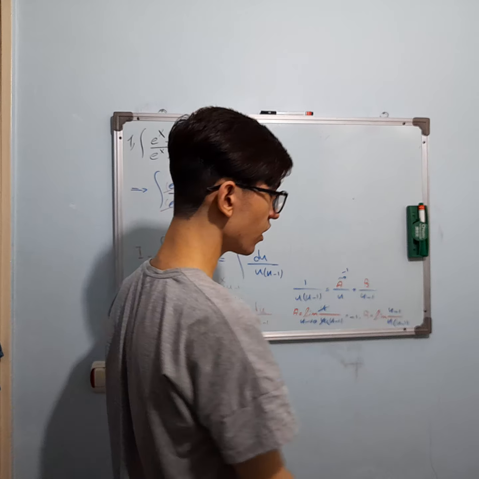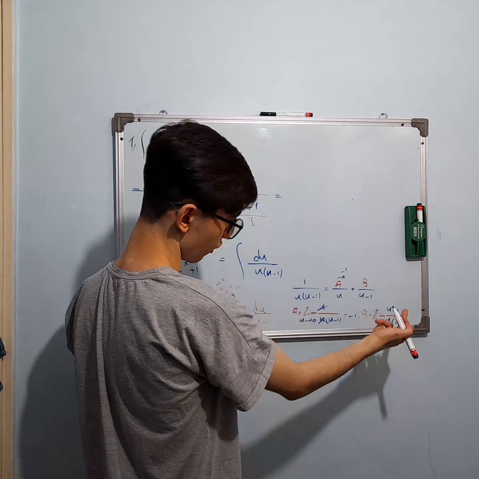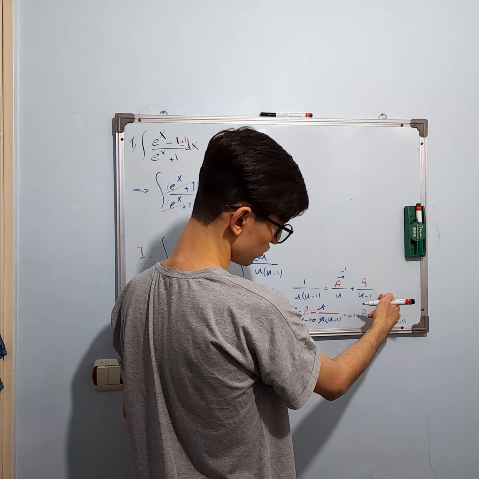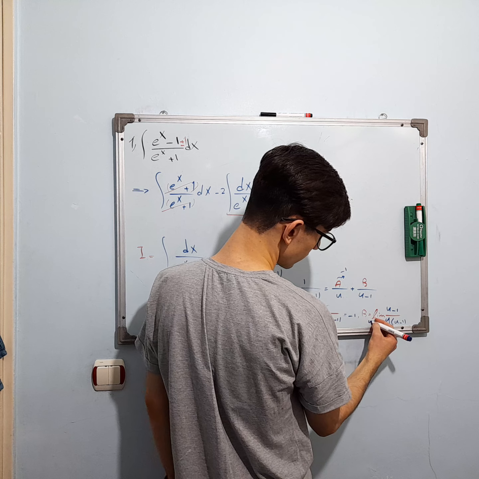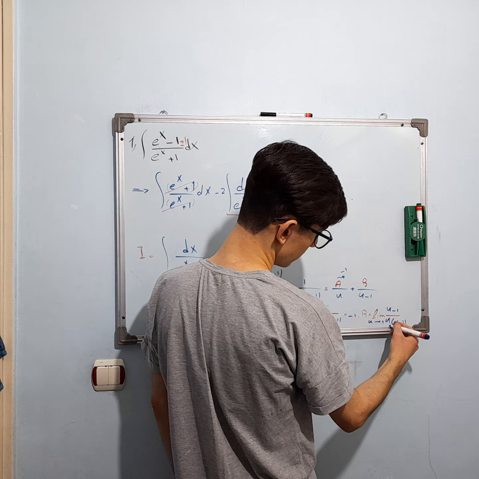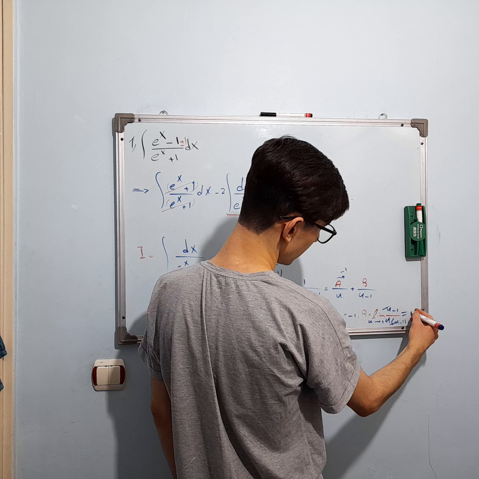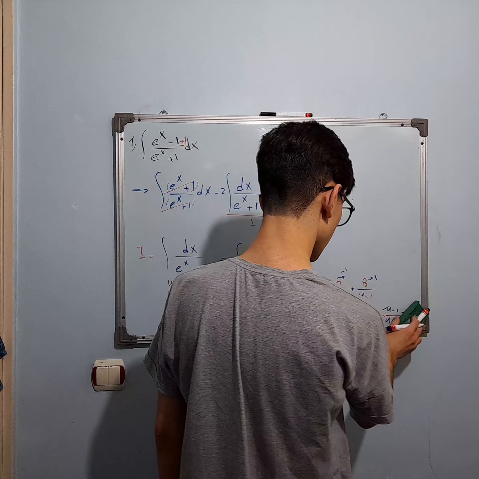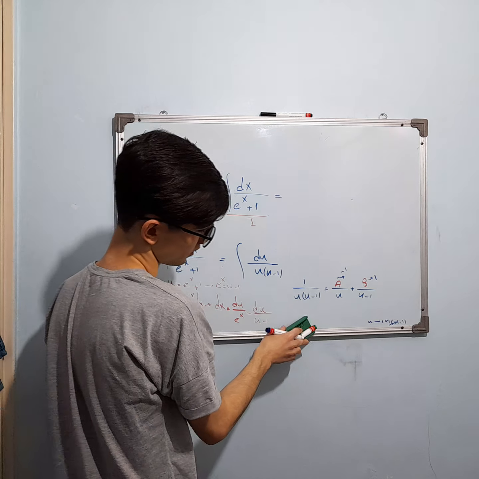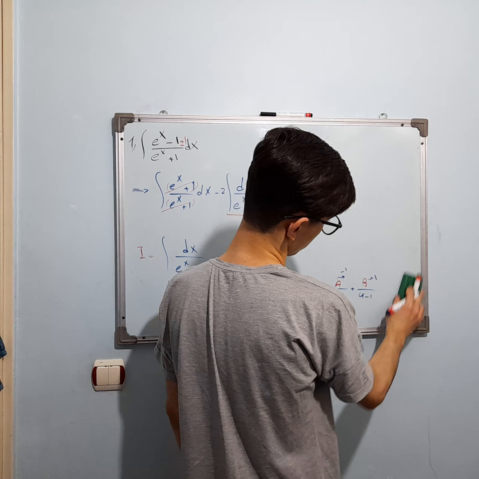And guess what? u goes to 1. Why? Because if I set it to 0, u is 1. Correct? And they will both cancel out, and b is 1. Yeah? So I'm going to get rid of these because it takes more space.